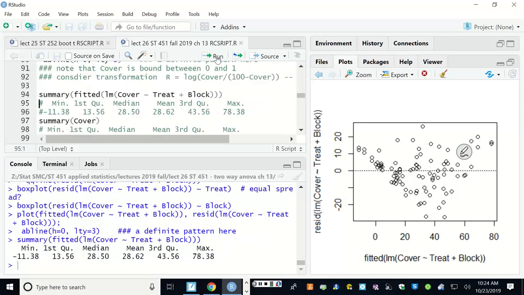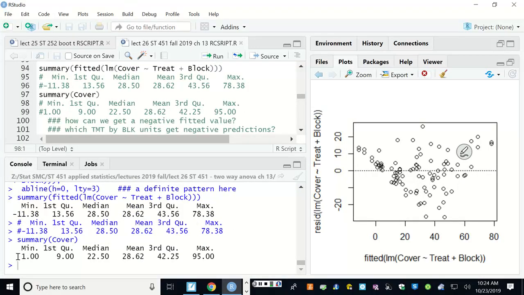If you summarize the fitted values, you do get some negatives. This is negative 11%. The cover values themselves go from 1 to 95. So how can we get a negative fitted value in this? Is this an error or something, or can we explain it?